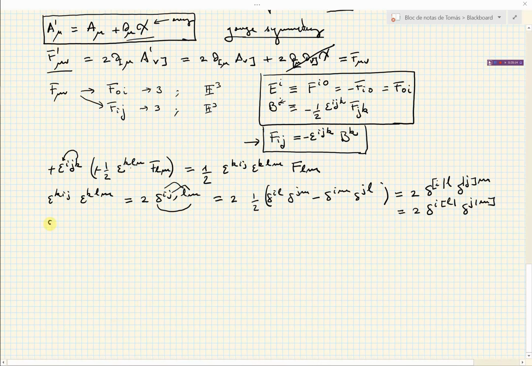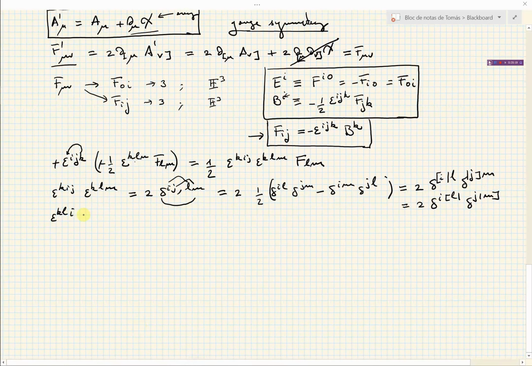For completeness, what happens if I contract two indices? So I have epsilon kli epsilon klj. It is easy to see that if I contract this, K is equal to K and L is equal to L. So this is only nonzero when i is different from l and k. So it is the other index, and if it is the other index, it must be equal to j. You can check that this is just delta ij.